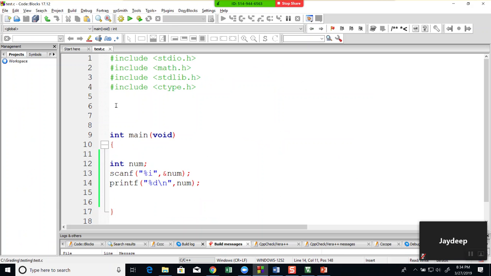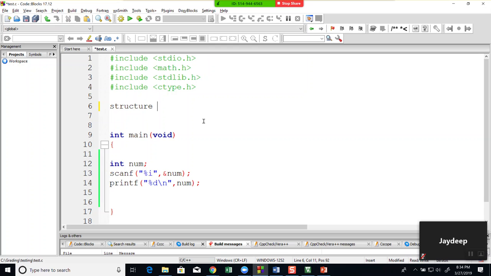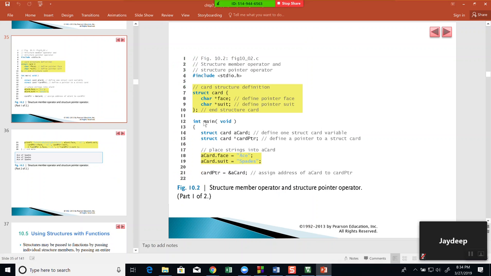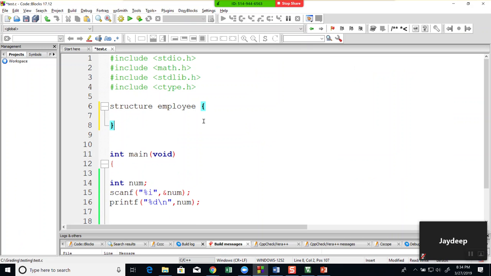So to create a structure up here, let's say we're going to create an employee. And semicolon or curly brace. There we go.